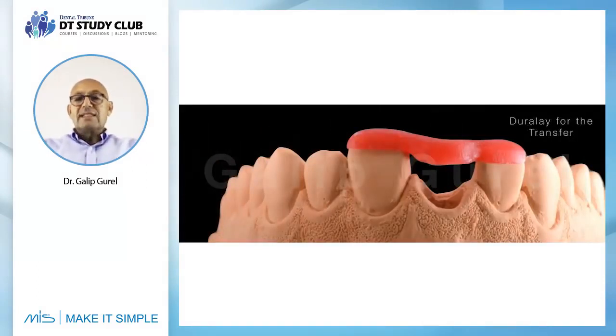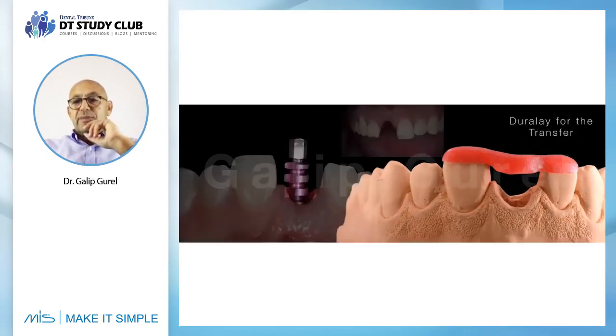So one last thing we have to do: this is the socket that we duplicated in the model, and on top of this we are creating a Duralay for the transfer of this. How does it work? Very simple. Look at the size of this socket, okay?